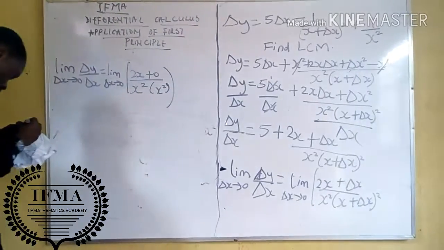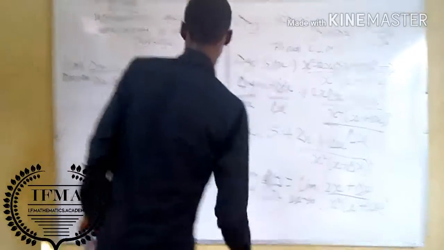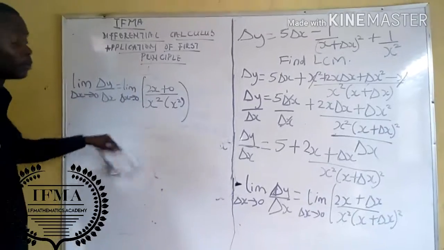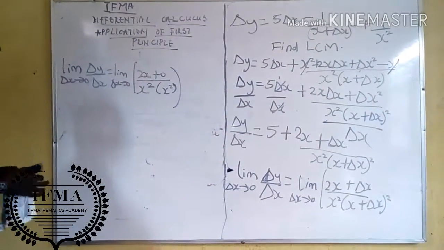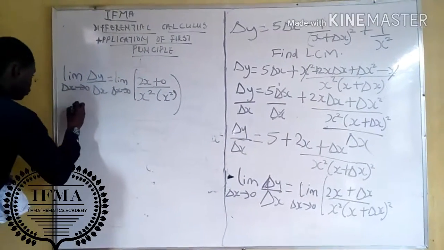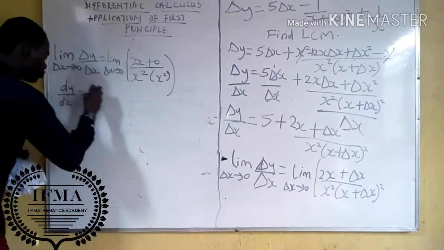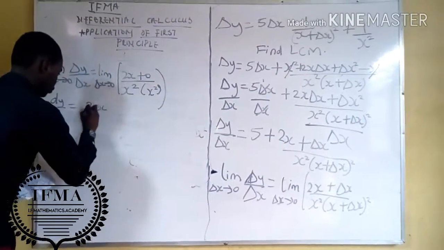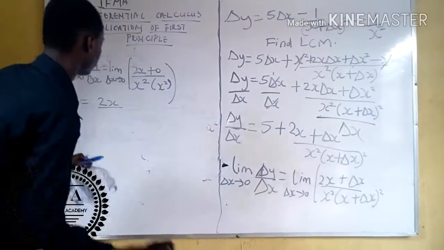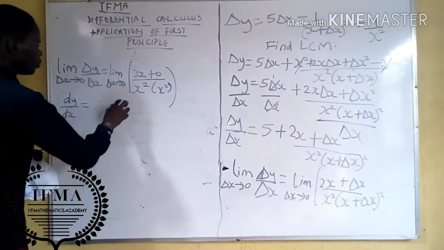Now we have turned change in x here to 0, which gives us this. So after taking our limits, we can then find out that our dy dx equals, sorry, there's an error.